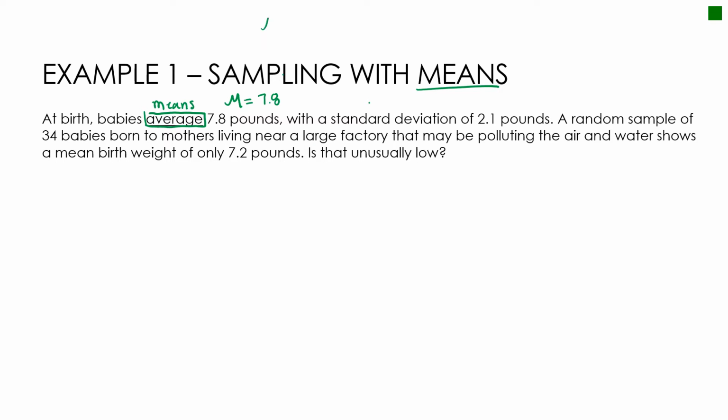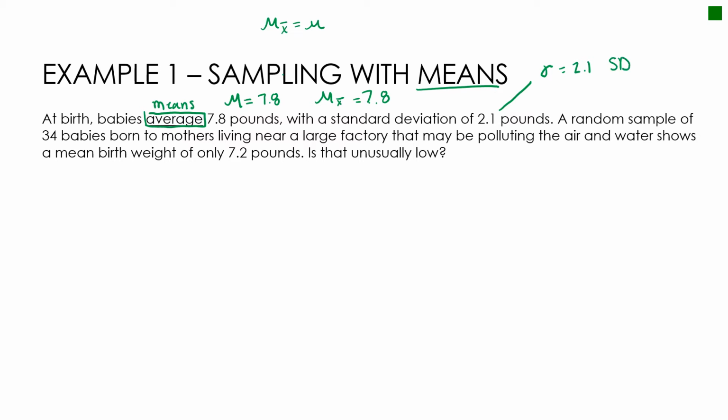So remember when I said mu sub x bar is equal to mu, that's what I mean. The mu is 7.8, but that means the mean of my sample is also 7.8. Then it gives me my standard deviation of 2.1 pounds, and 2.1 pounds is my sigma. But remember, sigma is the standard deviation of my population.